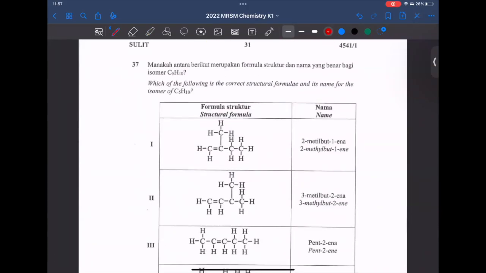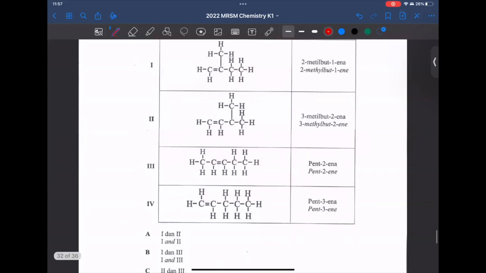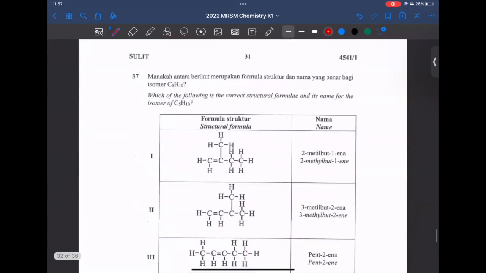37, which of the following is the correct structural formula and name for the isomer of C5H10? So let's take a look at C5H10. C5H10 is supposed to be butene.